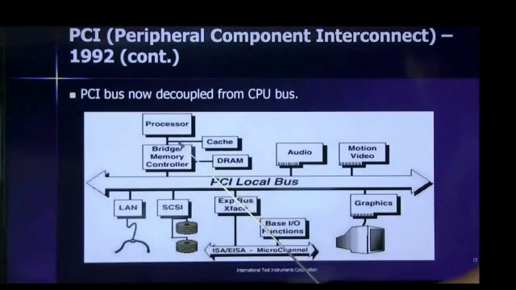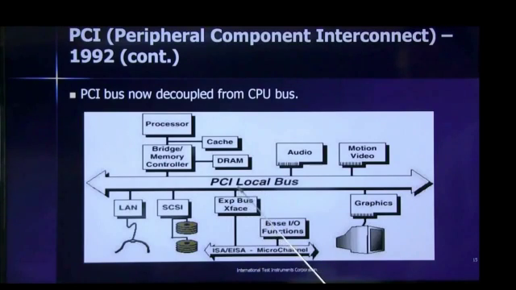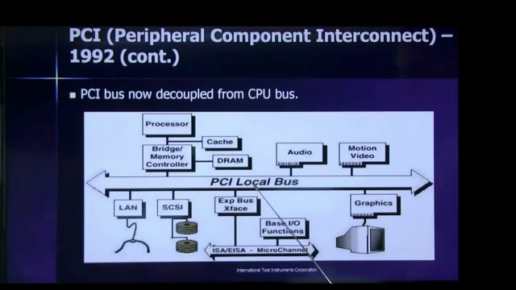Here is a slide that describes the overall architecture of the PCI bus in the system. And the key thing to note here is that you have a bridge chip between the processor and the local bus, the PCI local bus. It's actually a little bit of a misnomer in this picture to call it a local bus because it's not actually local.